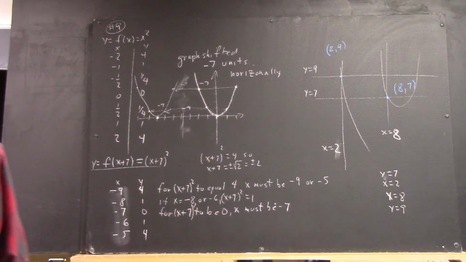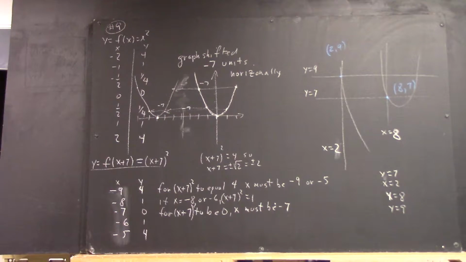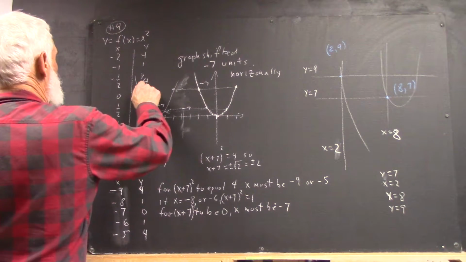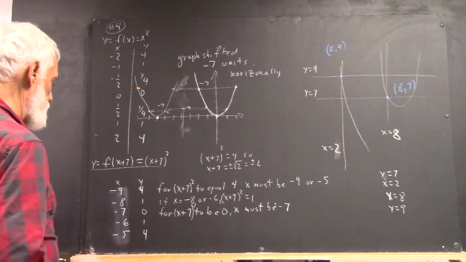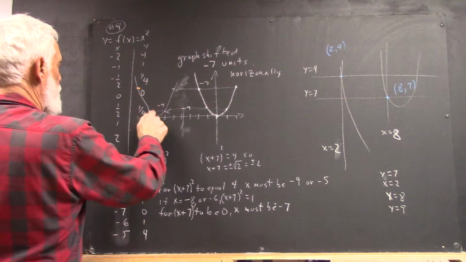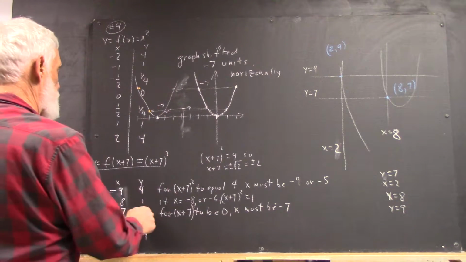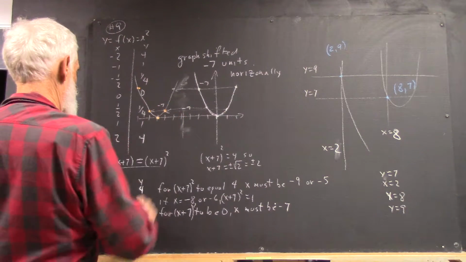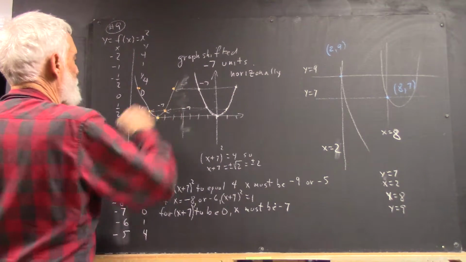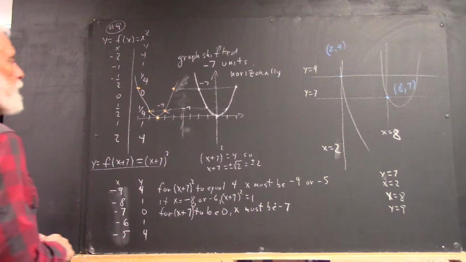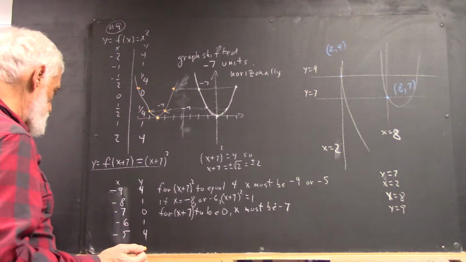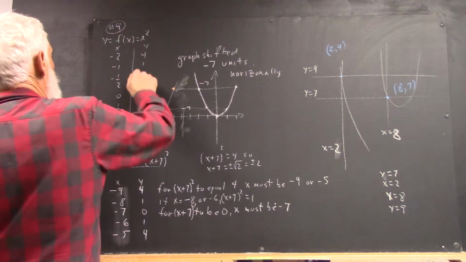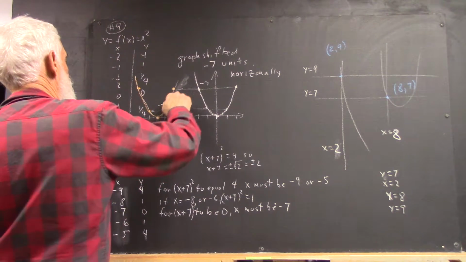Let me make that point clear. -8 gives us 1, here's -8, here's 1. -7 gives us 0 here. -6 gives us 1. -5 gives us 4. And then of course the graph is here.